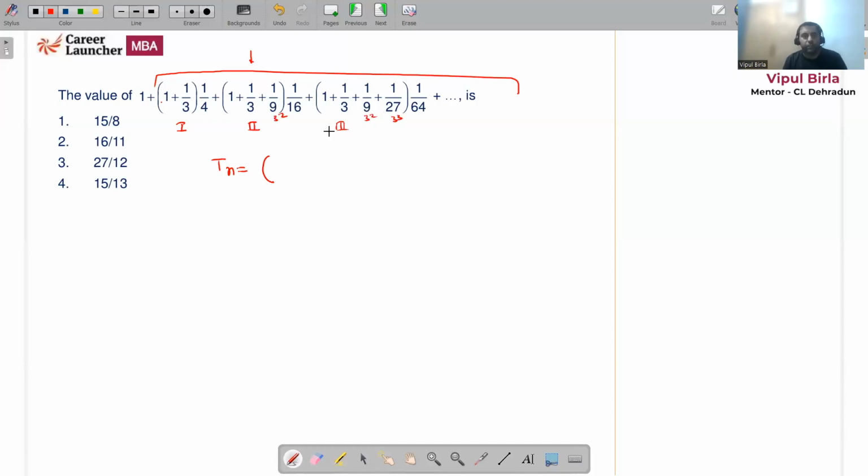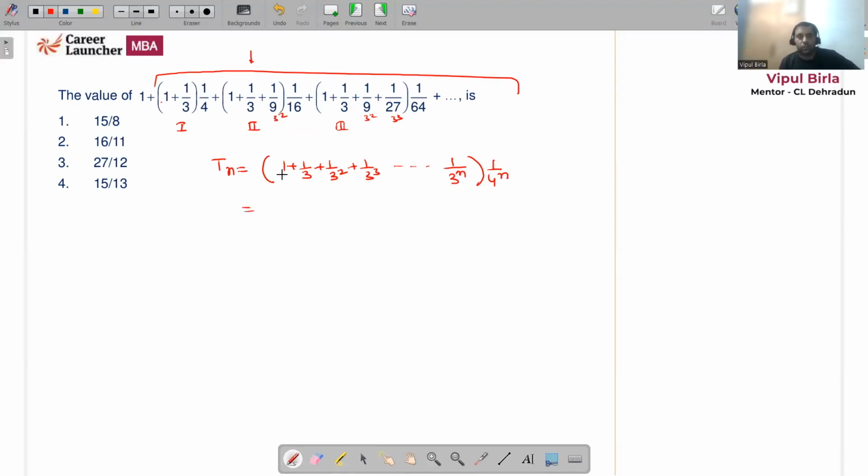So it will be 1 plus 1 by 3 plus 1 by 3 square plus 1 by 3 cube, and so on till 1 by 3 to the power n, into 1 by 4 to the power n. So that is the nth term of this, Tn.